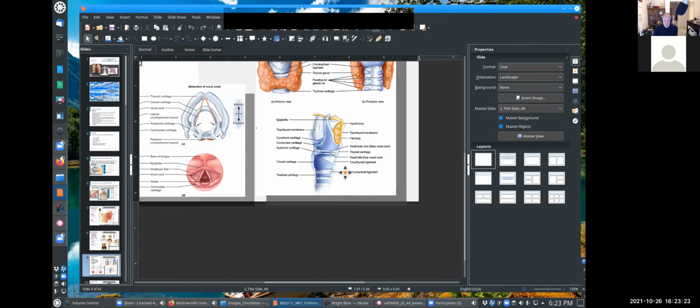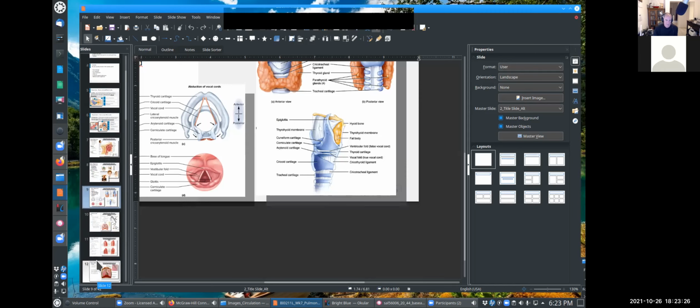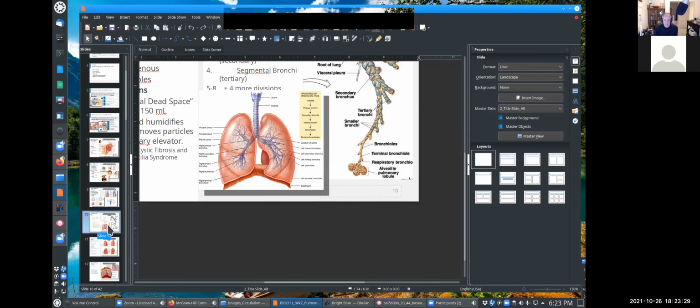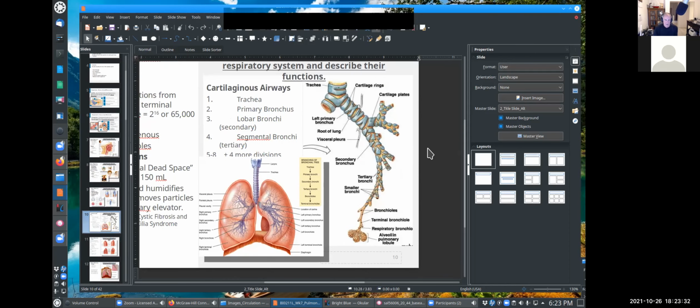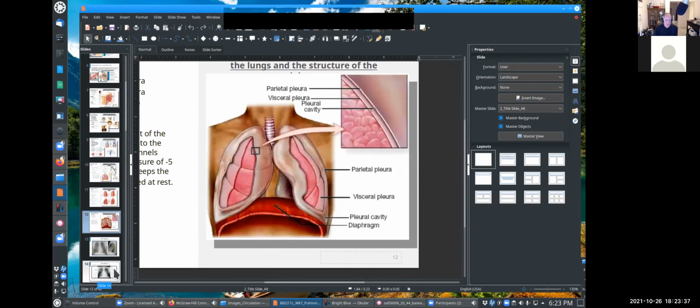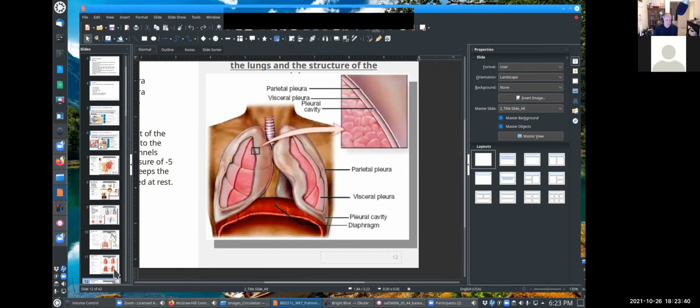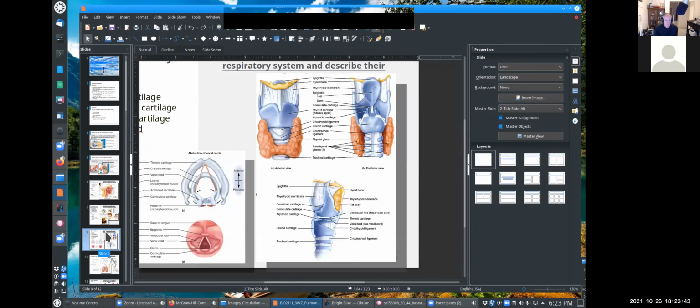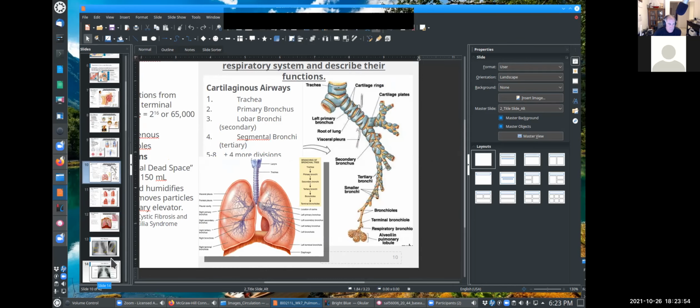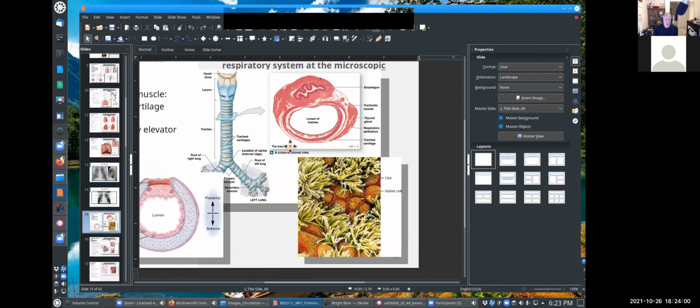Thyroid cartilage, cricoid cartilage just below it, and then these cartilaginous rings. And I think, let me see if there's a cross section here somewhere. You still seeing my screen, right? Yes. Okay. Oh, here it is. So here are these cross-sectional views.